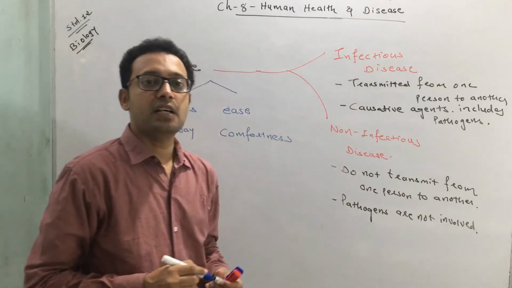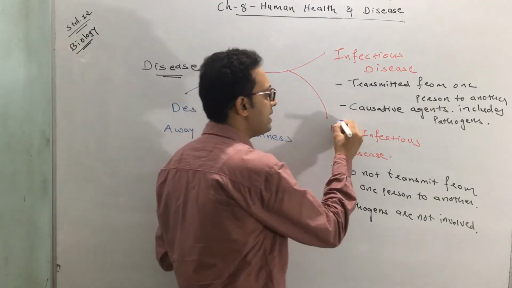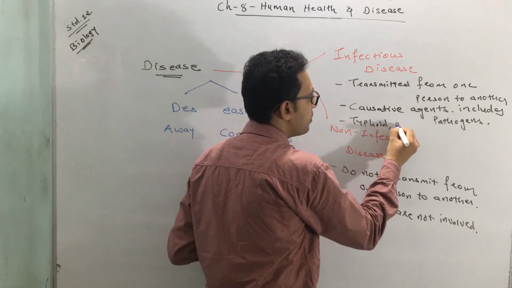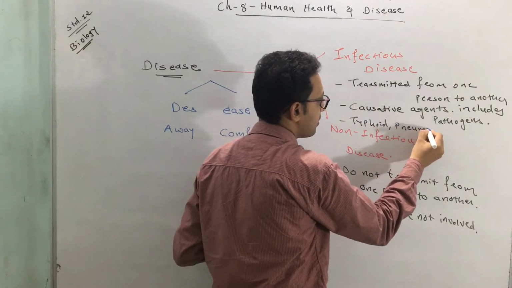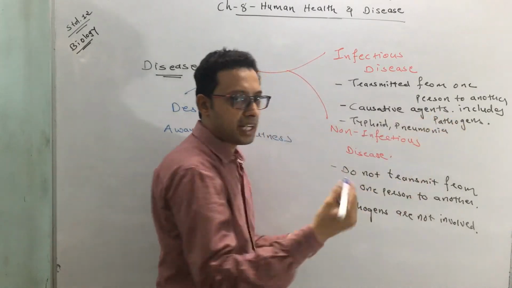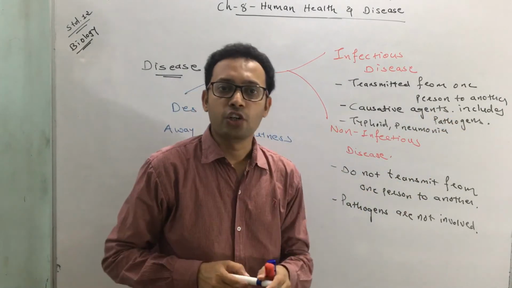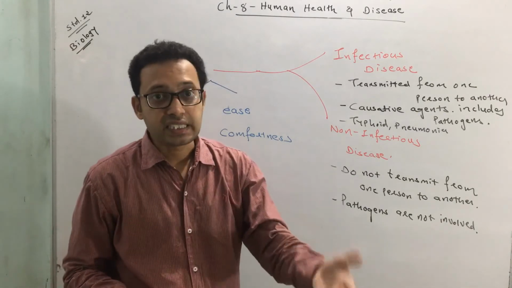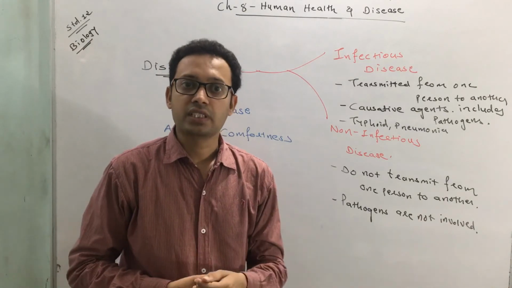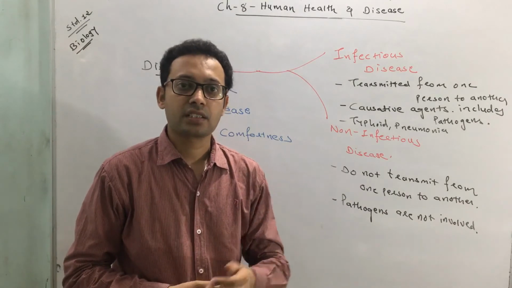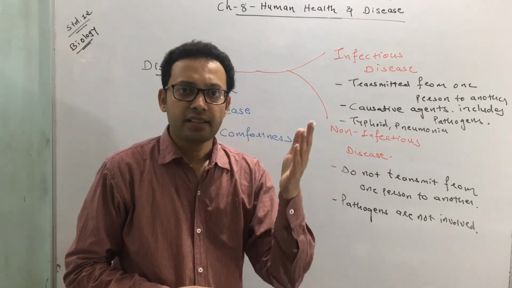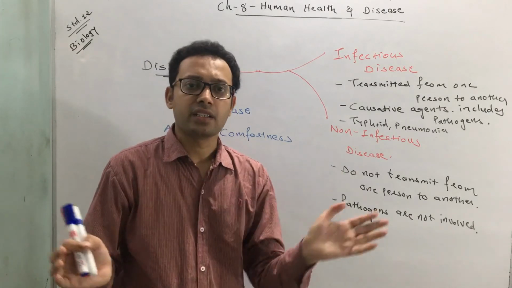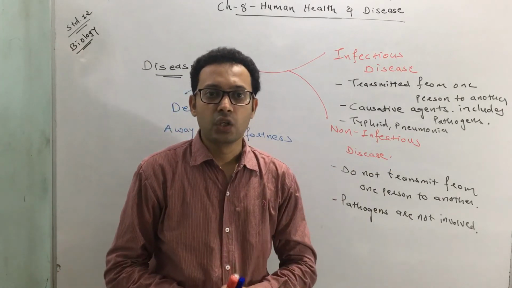Now which are the examples of infectious disease? I can give you many examples. Typhoid, pneumonia, rhinoviruses meaning common cold, dysentery, elephantiasis, plague, diphtheria, COVID-19, and even malaria.